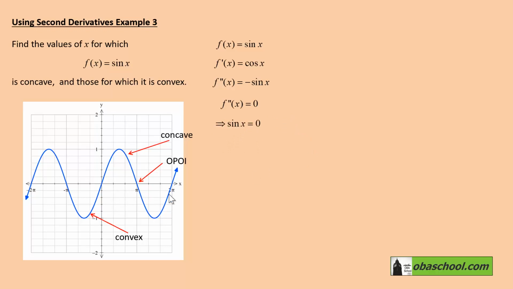And we can see from the graph, or just know from our earlier work with trigonometry, that it's at integer multiples of pi. We could write this as x is equal to n pi, where n is an integer.